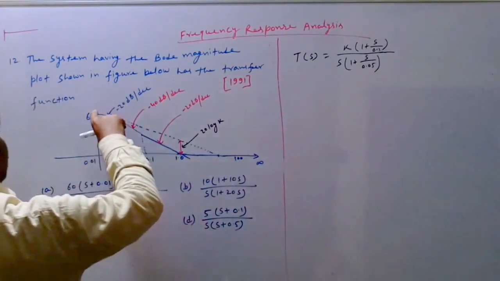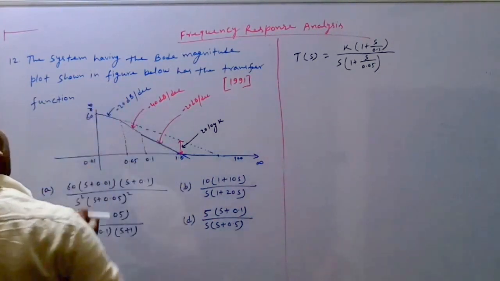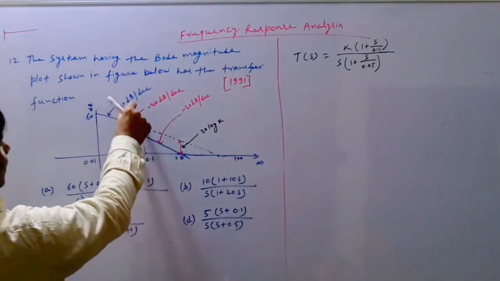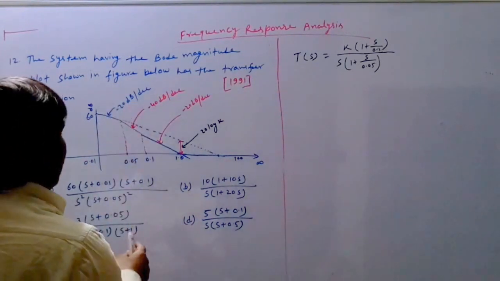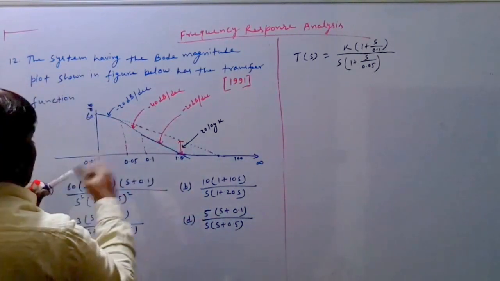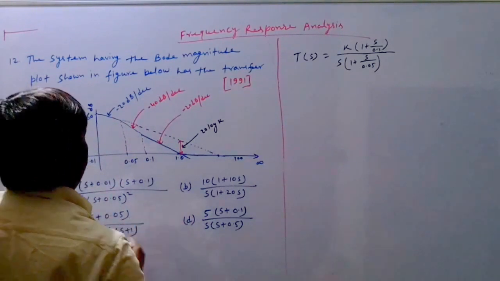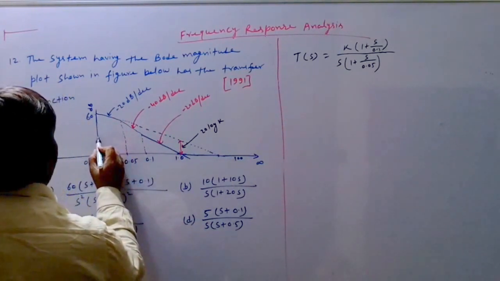So if this is 60 dB, and this slope is minus 20 dB per decade, so if this line is extended, then what will be the value? What will be the drop?